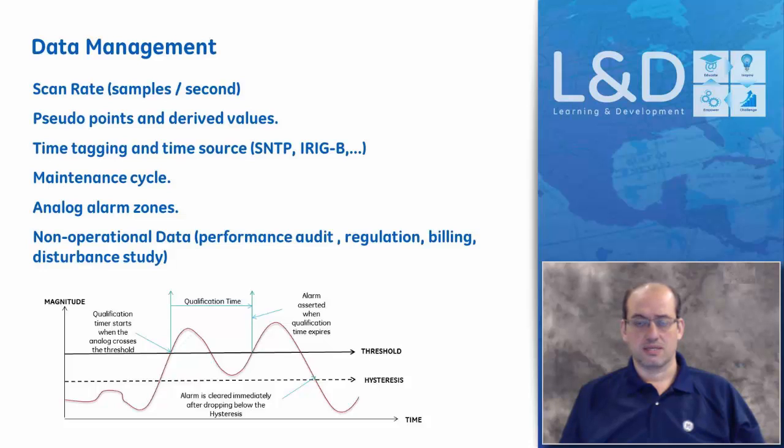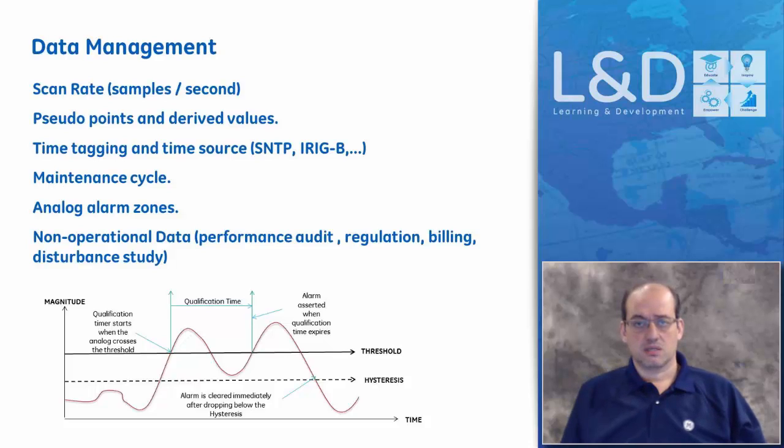So there is SNTP, Simple Network Time Protocol, the IRIG-B time protocol, and many other time protocols that can be utilized. And once you decide on the time protocol, you have to decide whether the time is fed locally or remotely, or both, locally and remotely, with a checkup in the protocol for the time that it's carrying out.